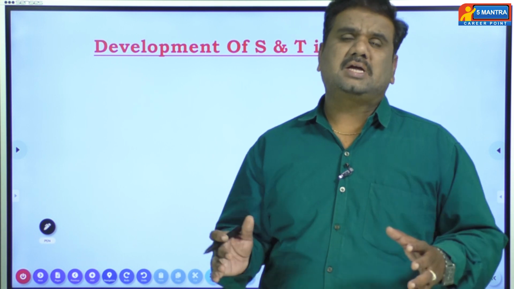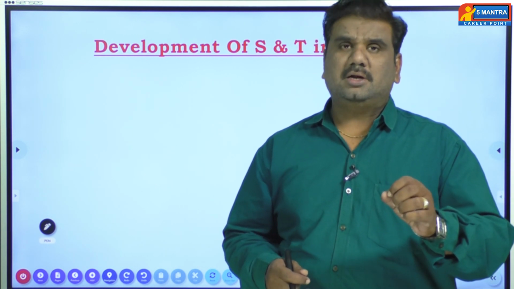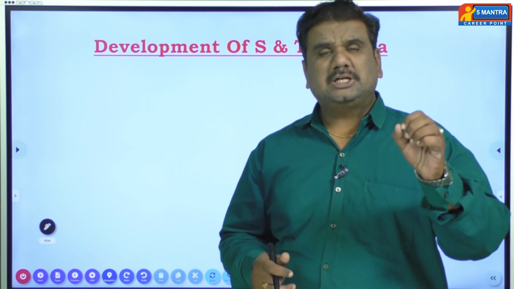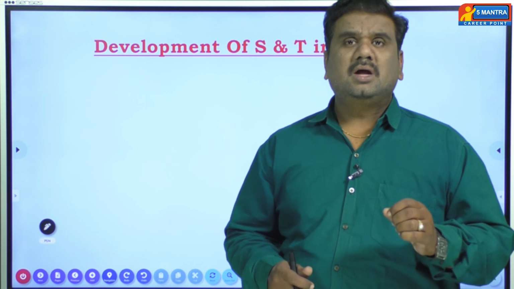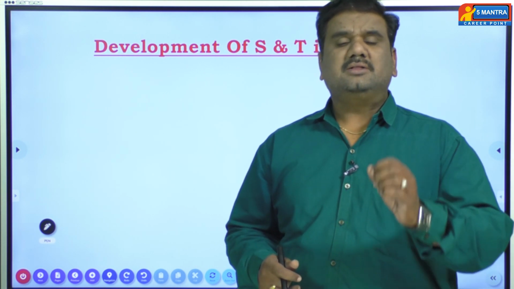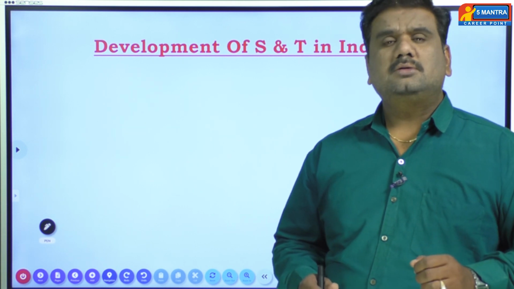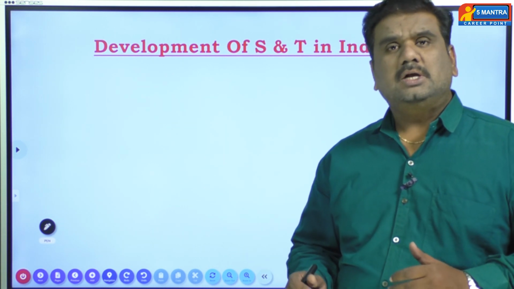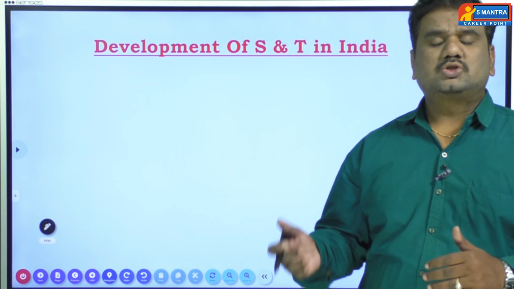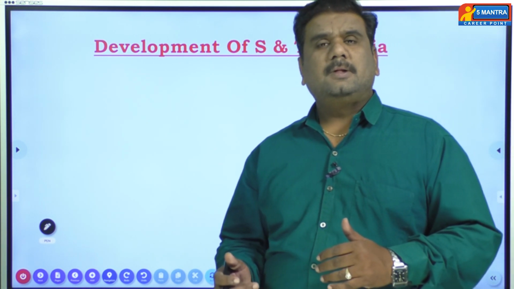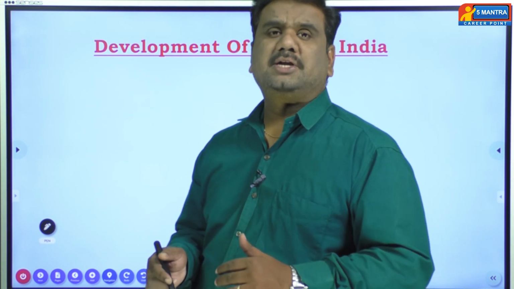The different scientists who have contributed to the development of S&T in India: in which particular area or field of science and its related subjects have they contributed? What is their contribution? That is what we discuss here. After the eminent persons, we move on to the 5-year plans in India.